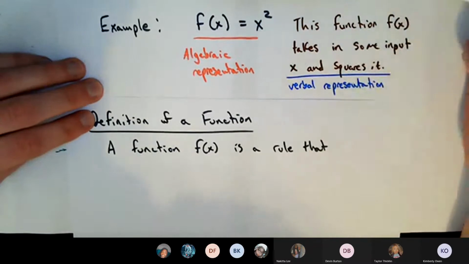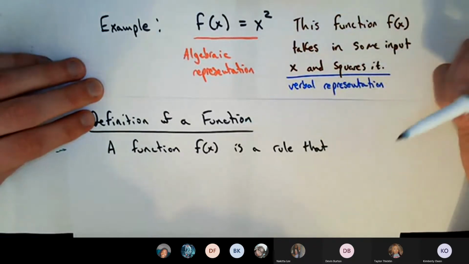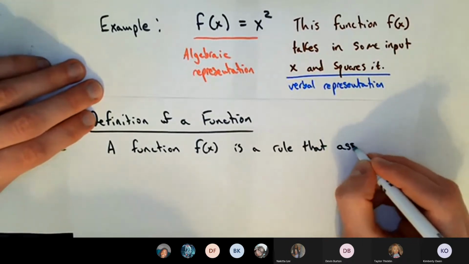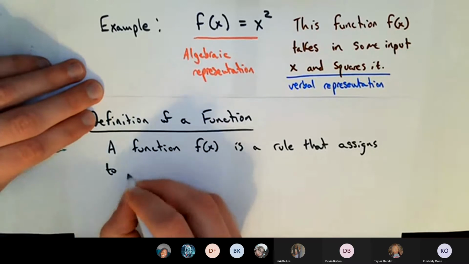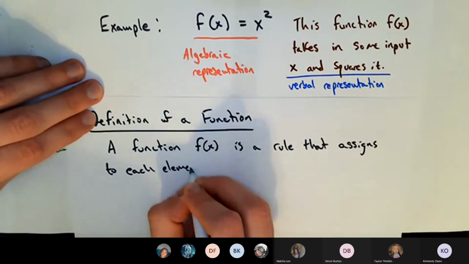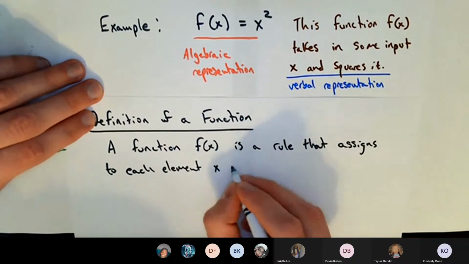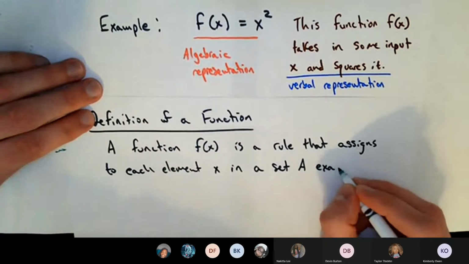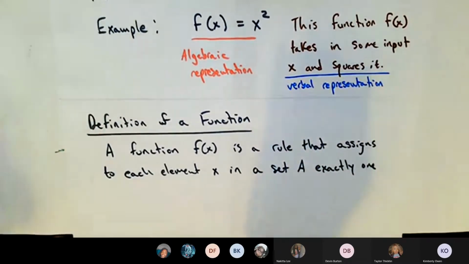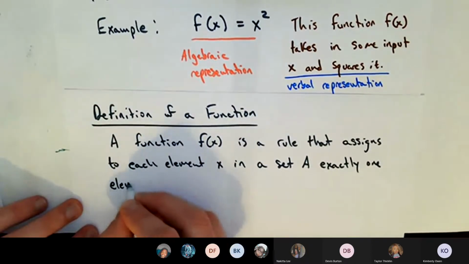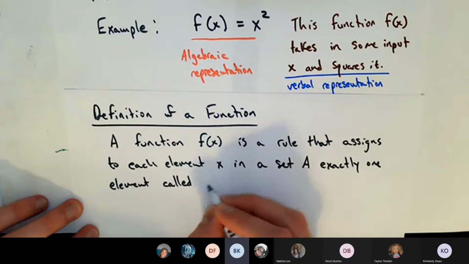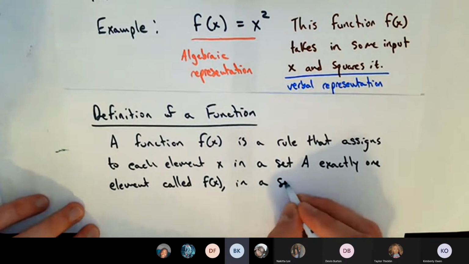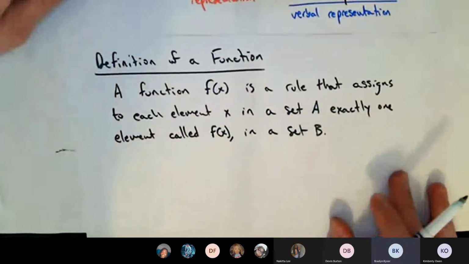Some set of operations, squaring stuff, adding stuff, subtracting stuff, etc. Is a rule that assigns to each element x in a set A exactly one element called f of x in a set B. That definition is coming straight from the text.